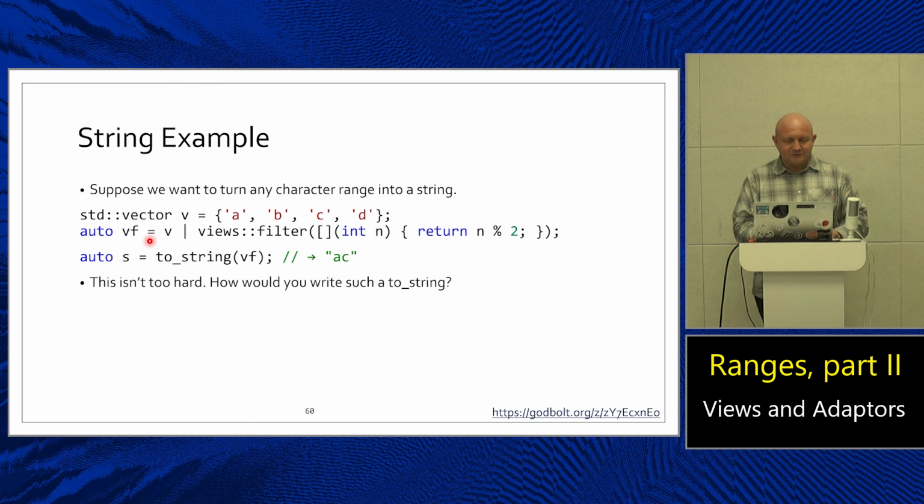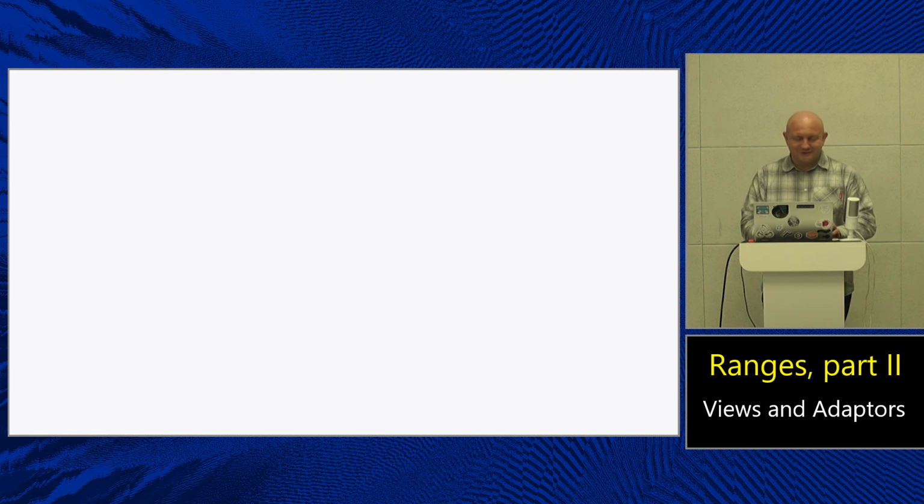Just write a toString function, and a toString function over any view is a really simple one. Please pause this video and think how you would write this function over any range. I think it is not a problem for you, but just to keep you alert. 3, 2, 1. Okay, let me show you the solution.